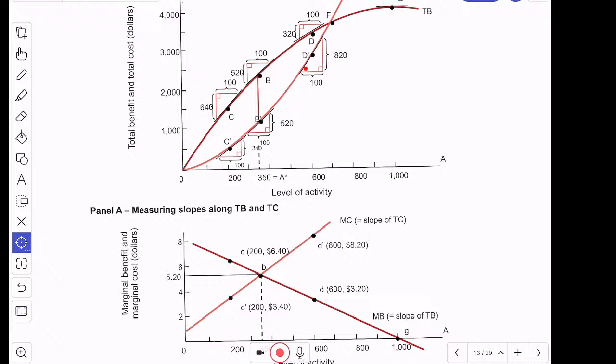It's the slope of the curve at the point. So what actually happens is we are calculating as we go up this curve, the slopes are getting steeper and steeper and steeper. Total cost is increasing. The marginal cost is increasing all the way up the total cost curve. So this is a plot of all those increasing slopes.